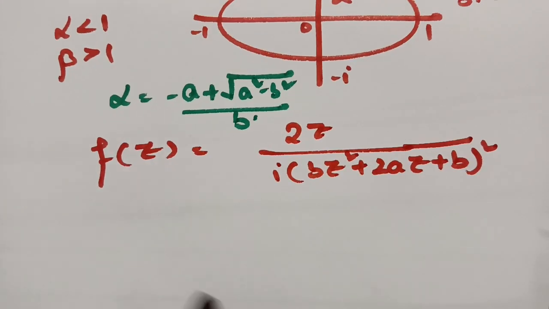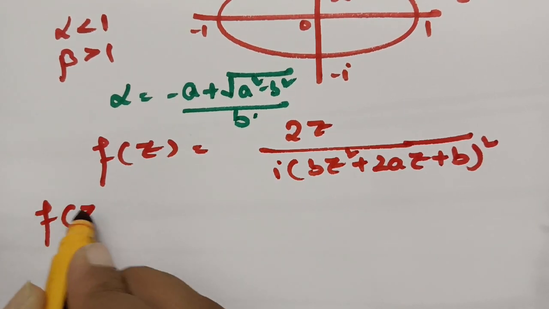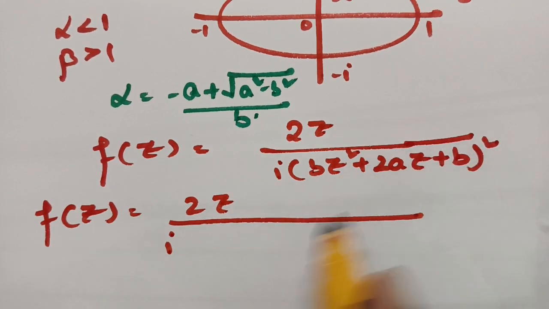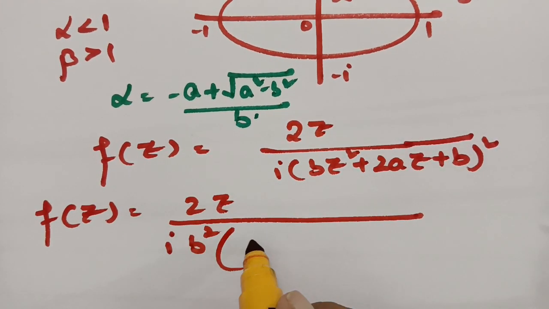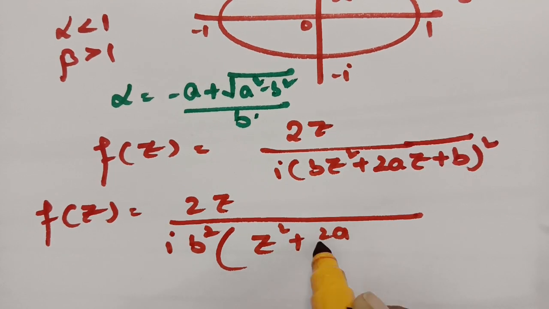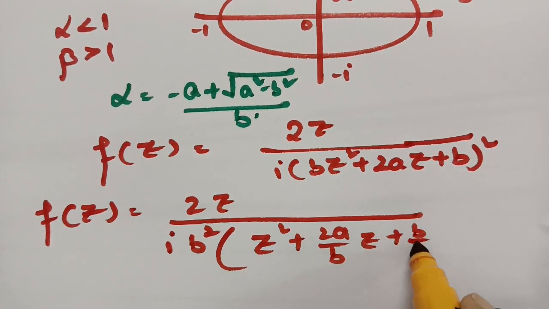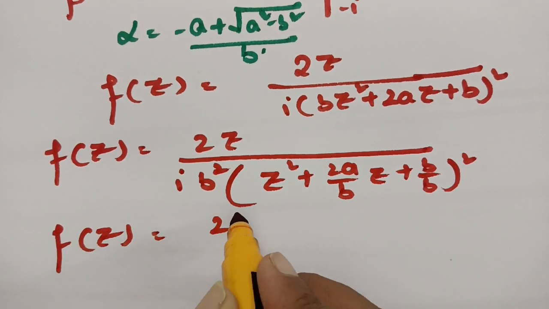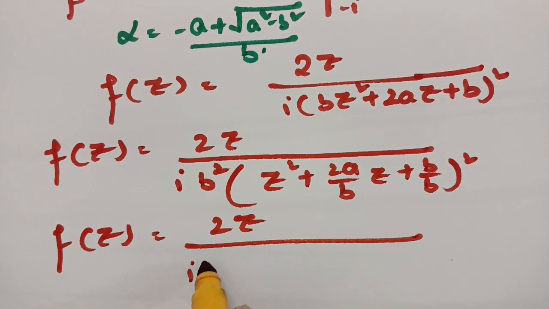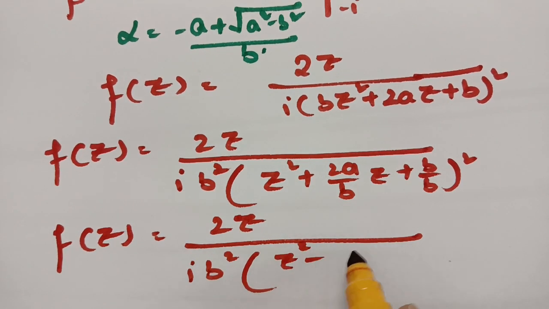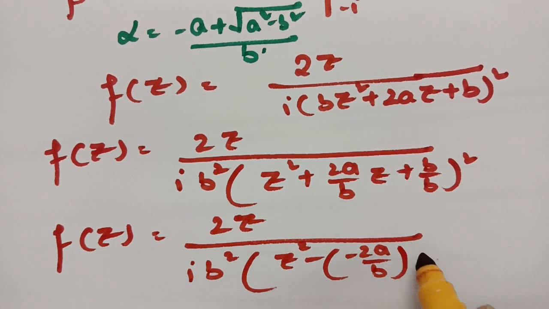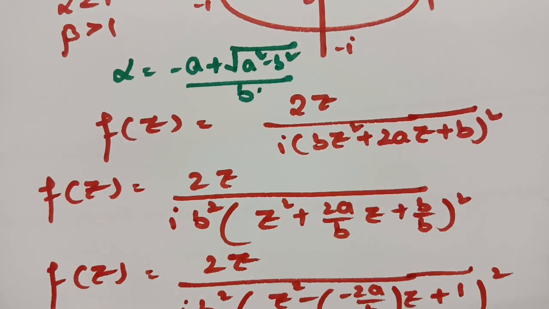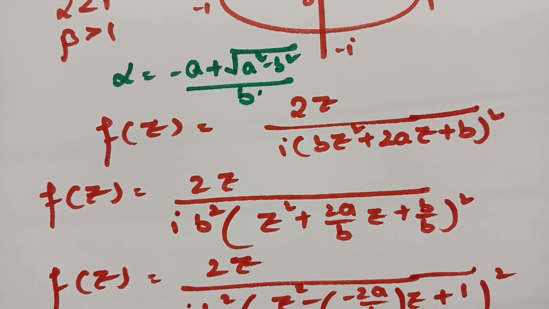For modification, f of z is equal to 2z by i times, bringing b common, b square into (z square plus 2a by b z plus b by b) whole square. So f of z is equal to 2z by i into b square into (z square minus 2a by b into z plus 1) whole square.